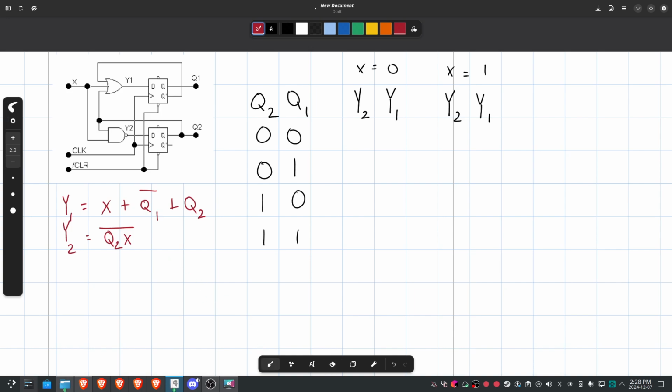Now we have algebraic equations. Instead of needing to check over this circuit over and over again and do logic, we can just do some quick maths. So let's look here. This is the state assigned table, by the way.